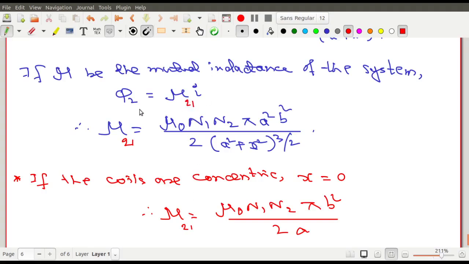Why? Because it is the flux of the second coil due to the current in the first. The current was in coil C1, so it is the effect on the second due to the first. That is why I calculate M21.